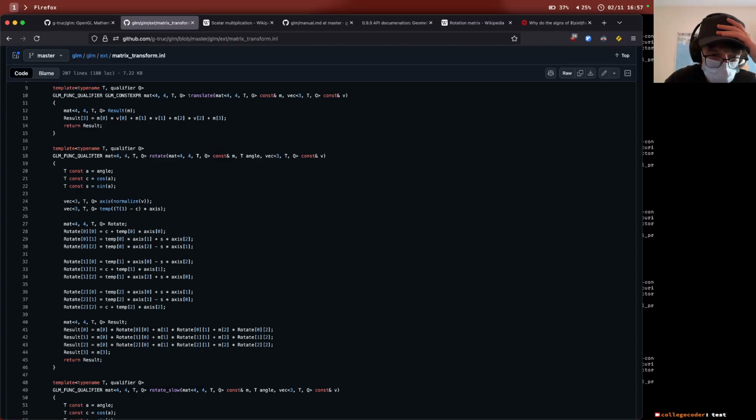So the rotation matrix is going to take column 0, row 0, which is going to be the cosine. Oh yeah, right.